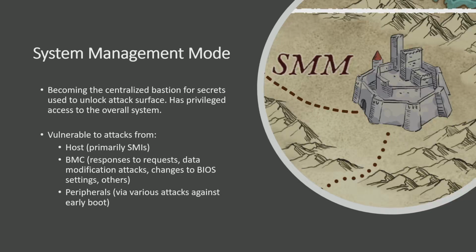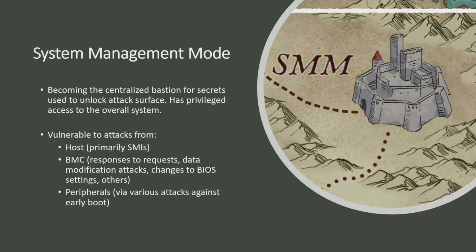There's a lot of interaction between the BMC and SMM. SMM is often sending requests out to the BMC and then processing those responses. It also is reading data out of storage locations, either EFI variables or data stored in flash, other things that the BMC can also influence.